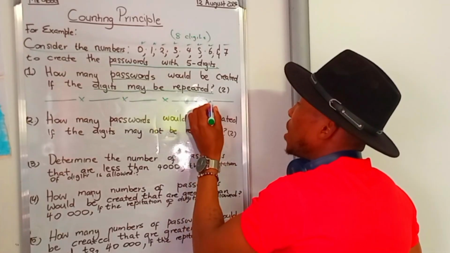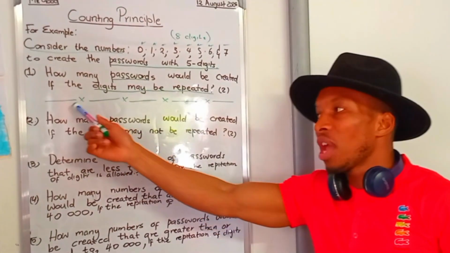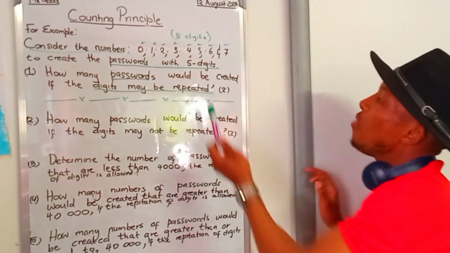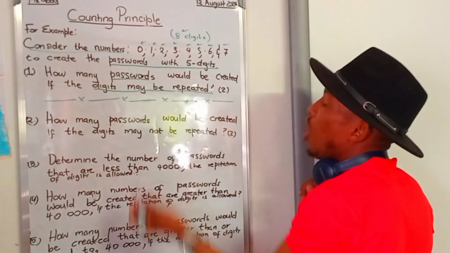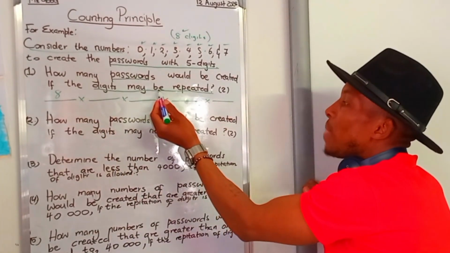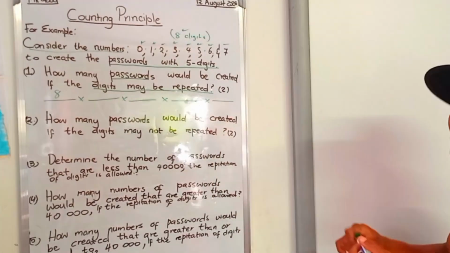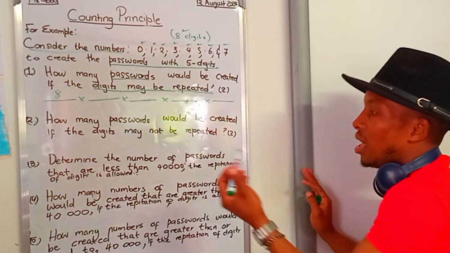Between the lines, we're going to put a multiplication sign. Then we start with event 1, okay? The repetition of digits is allowed. How many digits am I going to choose for the first event? 8 digits, okay? Remember, the repetition of digits is allowed, because the digit may be repeated as many times as you can.